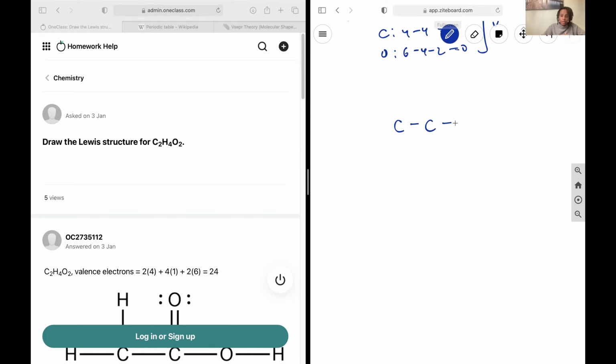So let's start with a different configuration. Let's say that instead of having the 2 carbons directly connected, I have 1 oxygen in between them and 1 oxygen at the end. Oxygen really likes 2 bonds, so I'm not going to put any of the hydrogens on it.